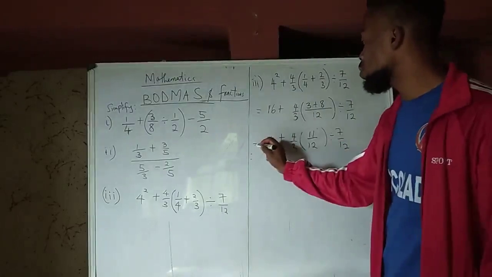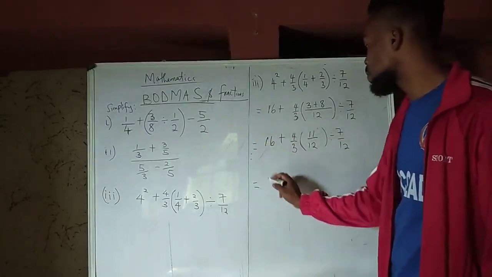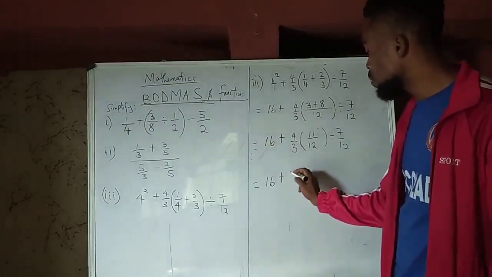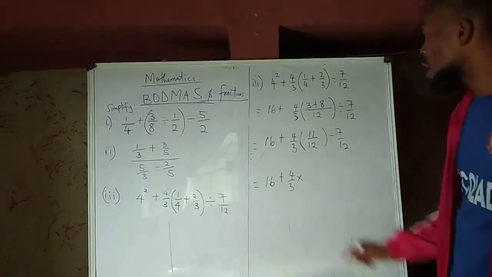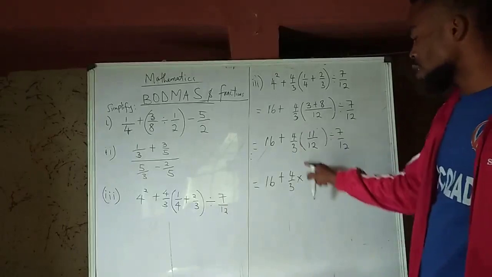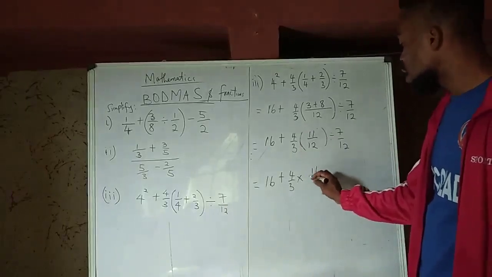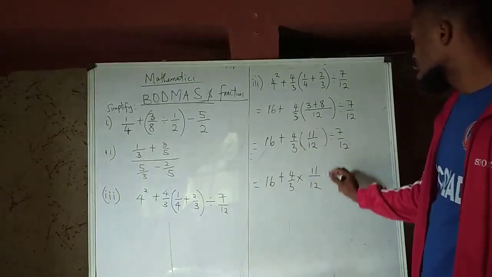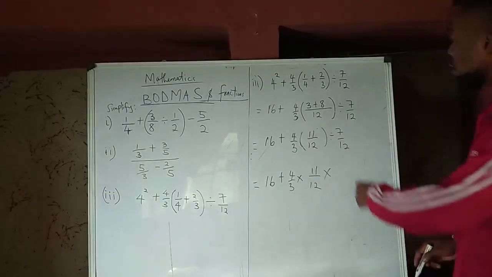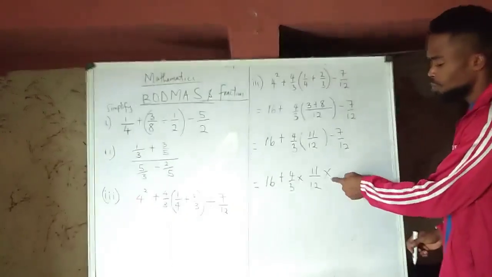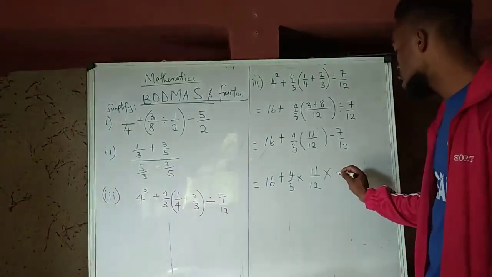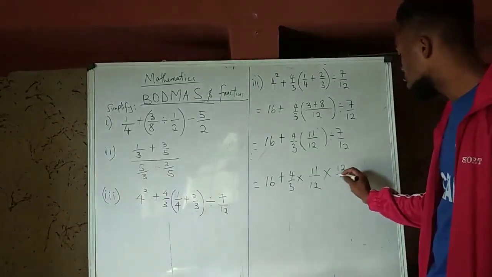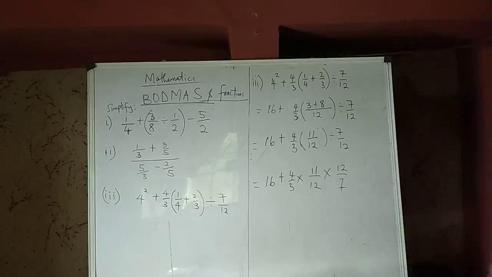Our equal sign shows the steps that we've been taking. So this is going to be 16 plus 4 over 3 times, remember I said the bracket represents multiplication, 11 over 12, then times, you see this is division, but I'm putting a multiplication sign, so I'm going to get times 12 over 7.